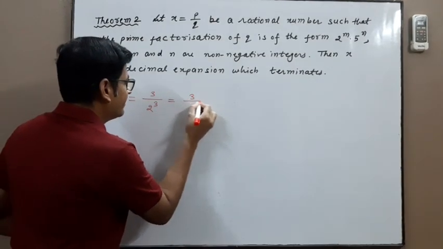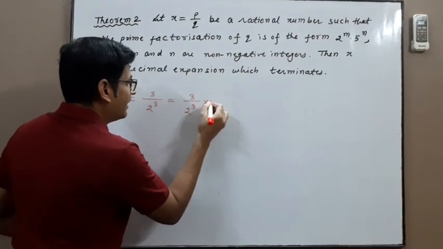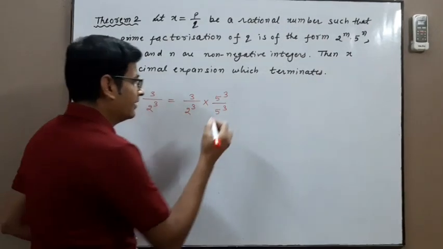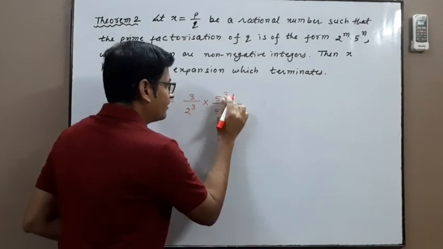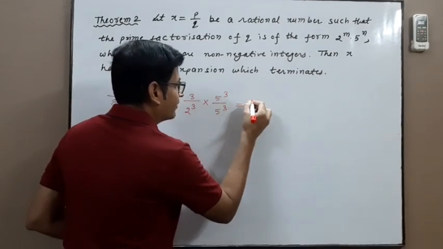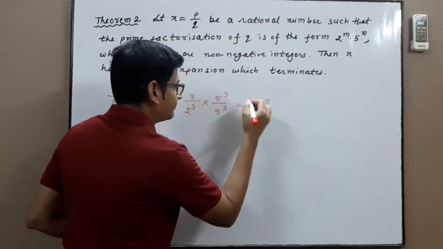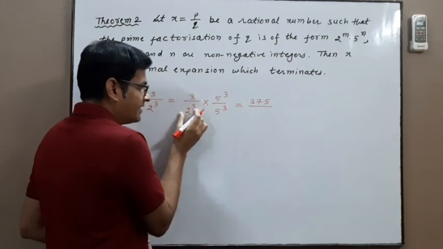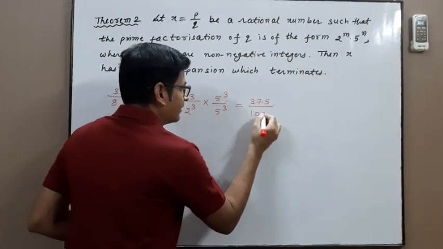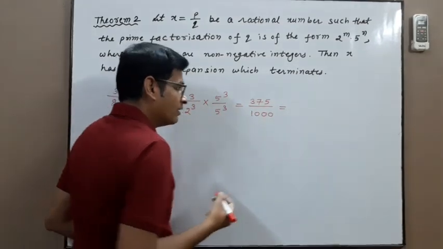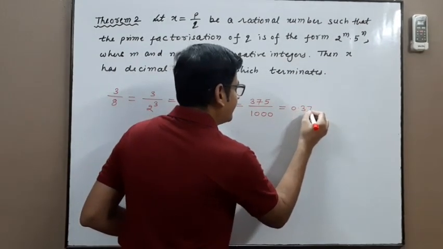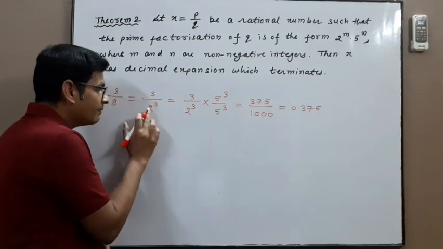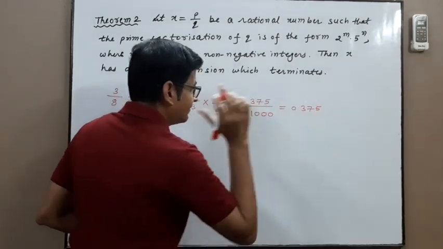Next step, we can write 3 upon 2 raised to the power 3, multiplying numerator and denominator by 5 raised to the power 3. 5 raised to the power 3 is 125, into 3 is 375, upon 5 raised to the power 3 is 125 and 2 raised to the power 3 is 8, 125 into 8 is 1000, which is equal to 0.375. The prime factorization of the denominator is only a power of 2, so the decimal expansion terminates.